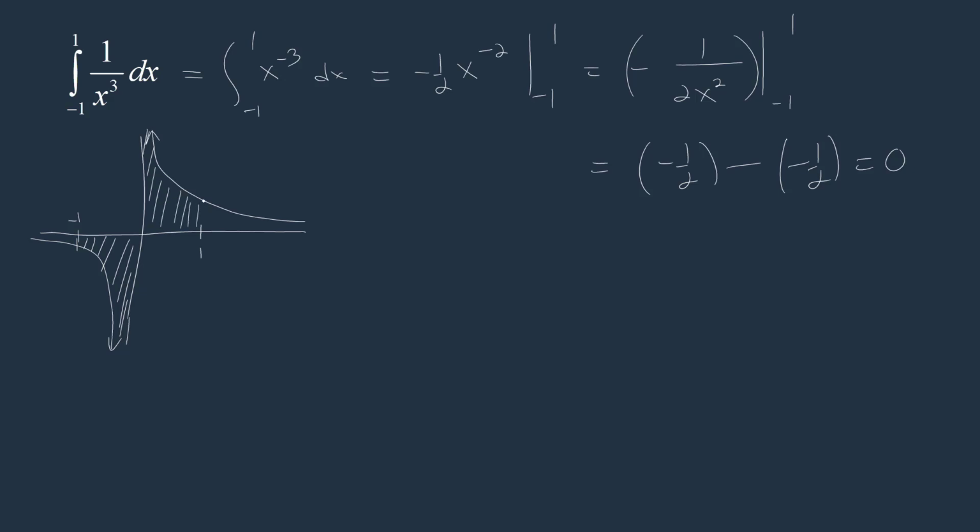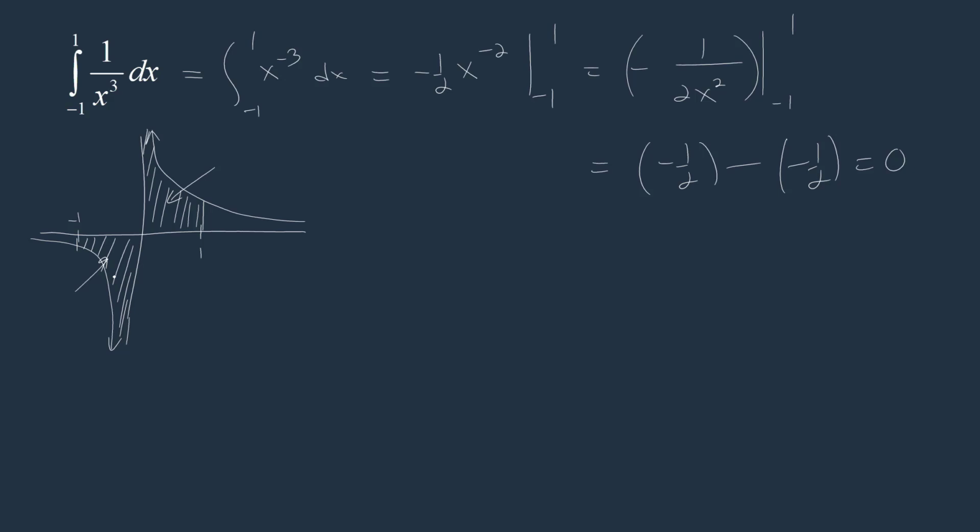You would look at it and go, oh look, the area here and the area here, those regions are actually congruent to each other. They're the same region, just kind of rotated. But one's above the x-axis, one's below the x-axis. So I know from before that when that happens, the definite integral should be 0. So then the answer must be 0. I have now confirmed it 2 different ways.